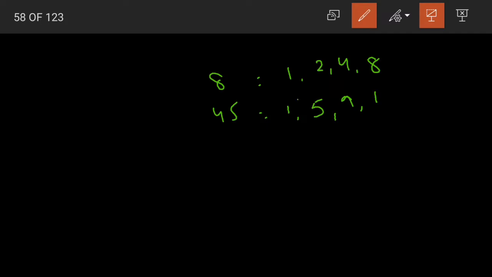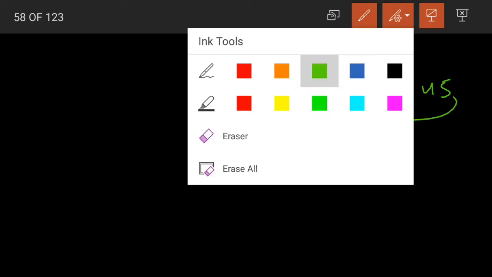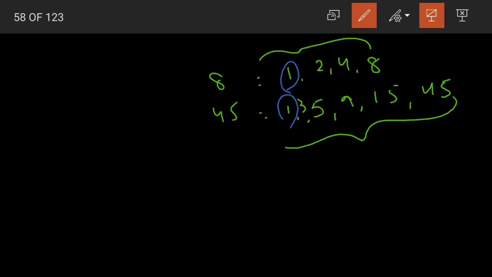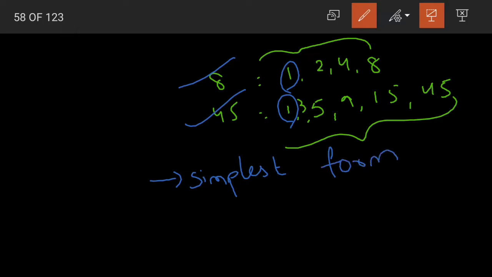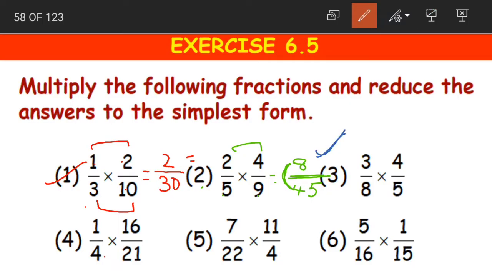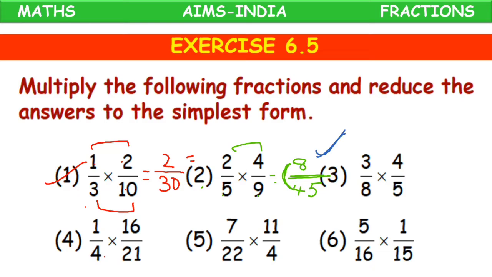Does it go in 3 table? Yes. So 3, 15, 45. So these are the factors of 45 and these are the factors of 8. What is the HCF? The HCF is 1. So when the HCF of numerator and denominator is 1, it means that the fraction is already in its simplest form. So 8 by 45 is our final answer. Okay. This was multiplying a fraction with another fraction.